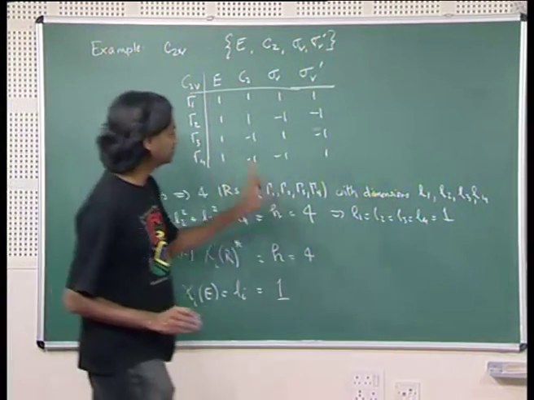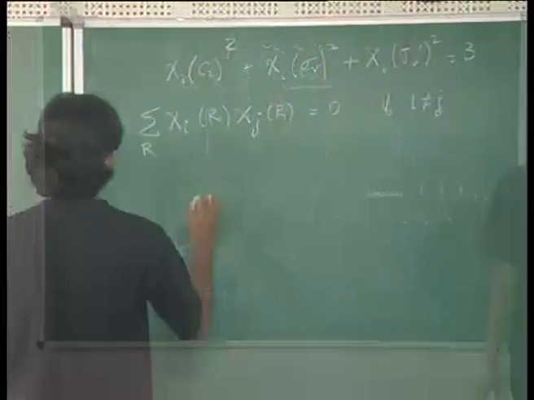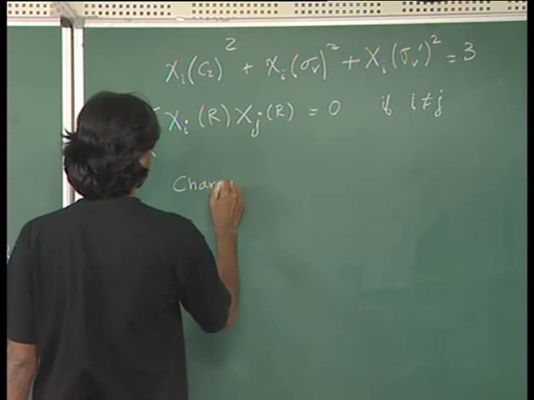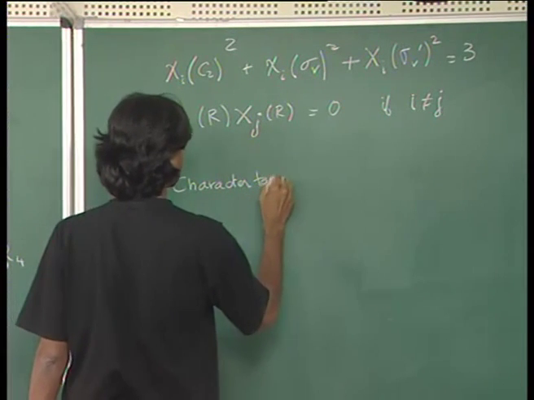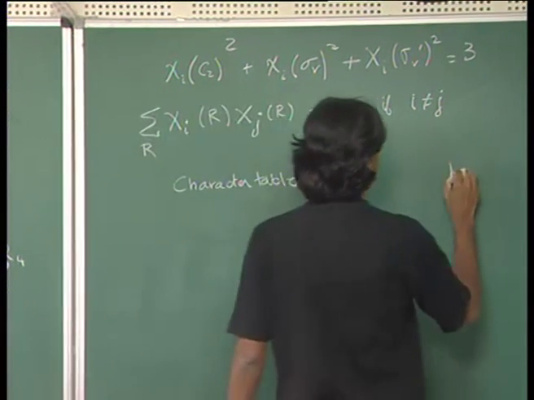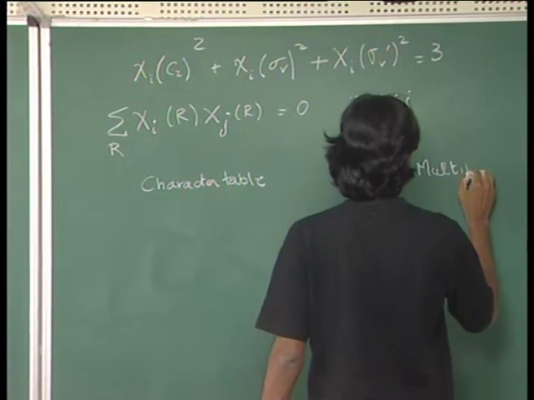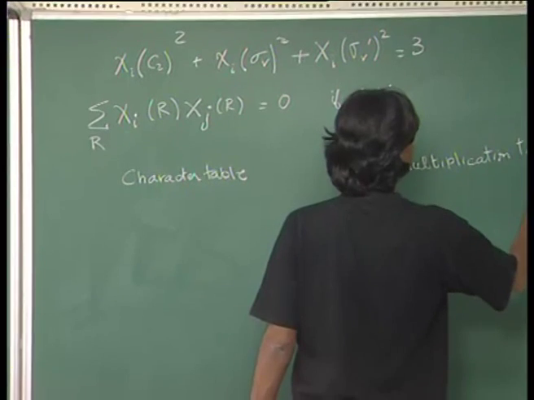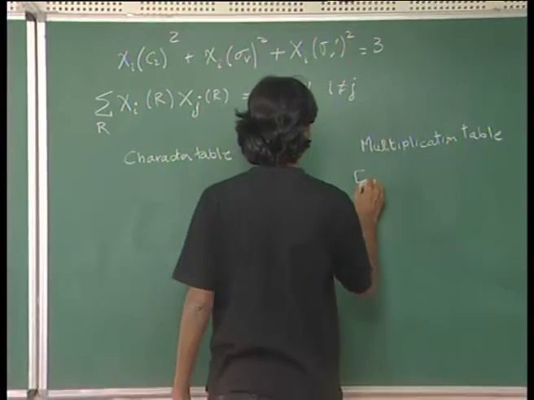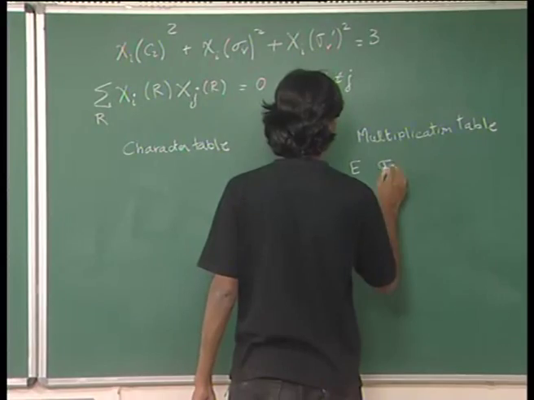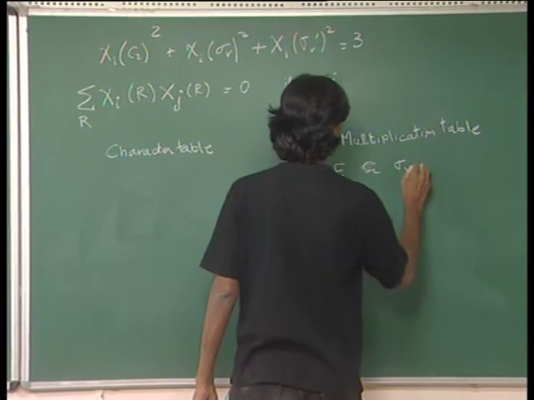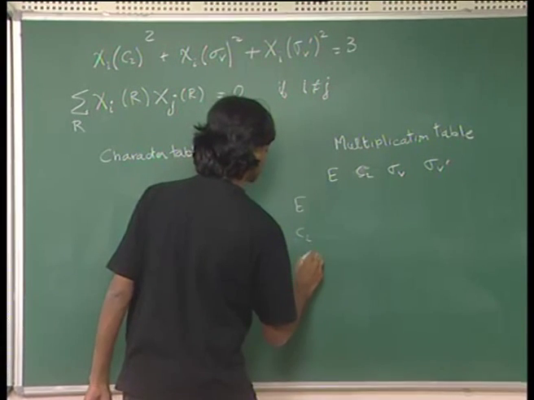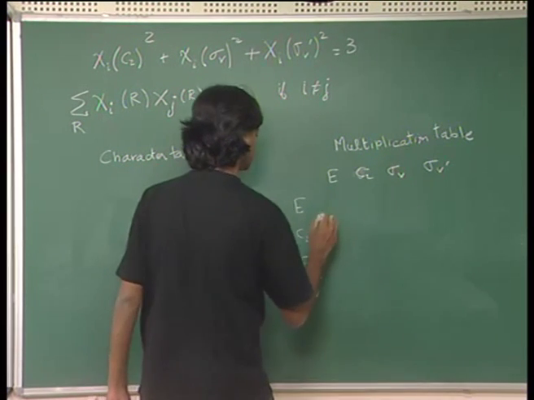Okay, now I just want to make a connection with the multiplication table. So, what you have is you have the character table and you have the multiplication table. Okay, so you have E, C2, sigma v prime, and you have E prime.